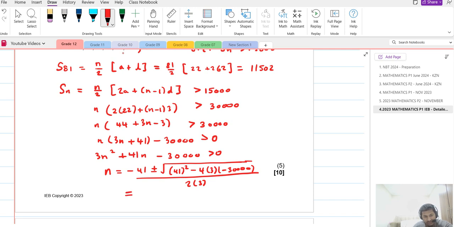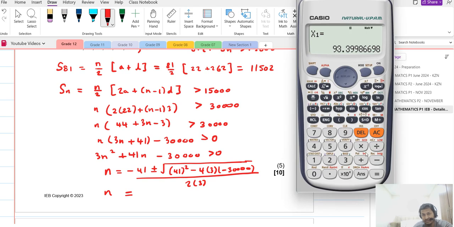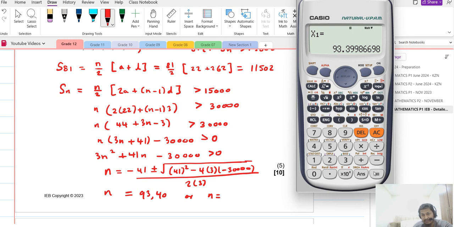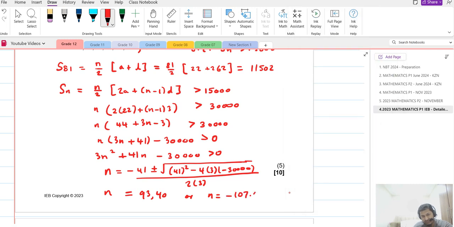So n equals 93.40, or n equals negative 107.07. I'm going to say not applicable here, reject. So n is equal to 93.40.